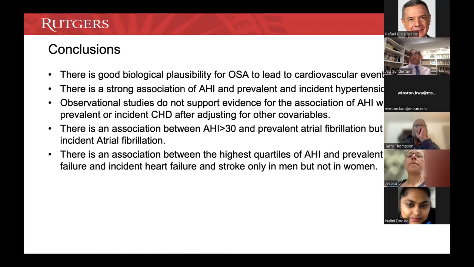There seems to be a suggestion that severe OSA, as determined by the AHI, is associated with prevalent AFib but not necessarily with incident atrial fibrillation, and that the highest quartiles of AHI are associated with prevalent heart failure and incident heart failure only in men, not in women. Similarly, this is true for stroke as well.